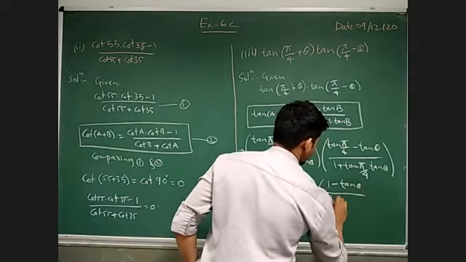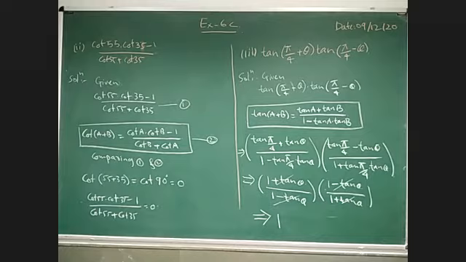Just see here, if I do the simplification, then 1 minus tan theta will get cancelled, and 1 plus tan theta will get cancelled. So I will have 1. This is the answer. Just take the screenshot, then let me know once you have done.